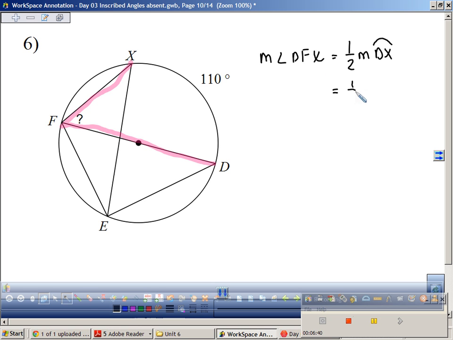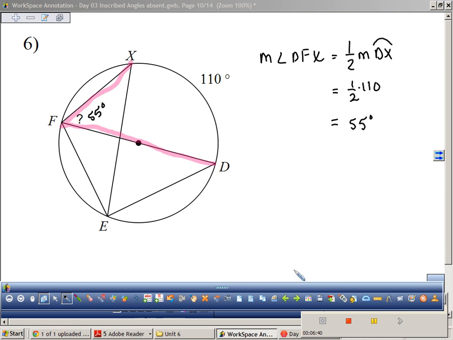Well, I know the measure of arc DX is 110. So half of 110 is 55 degrees. So this will be 55 degrees. All right, moving on.